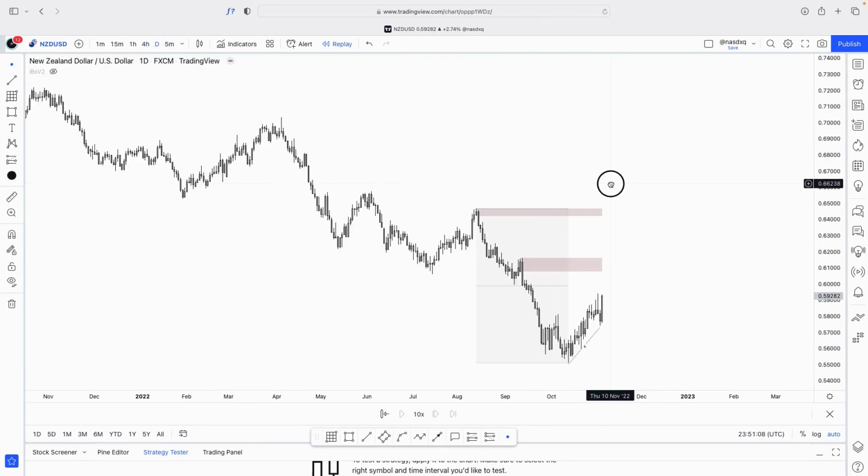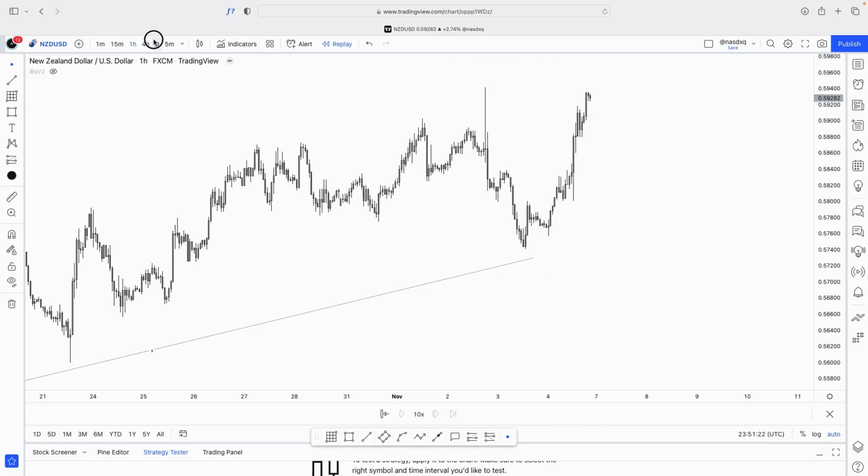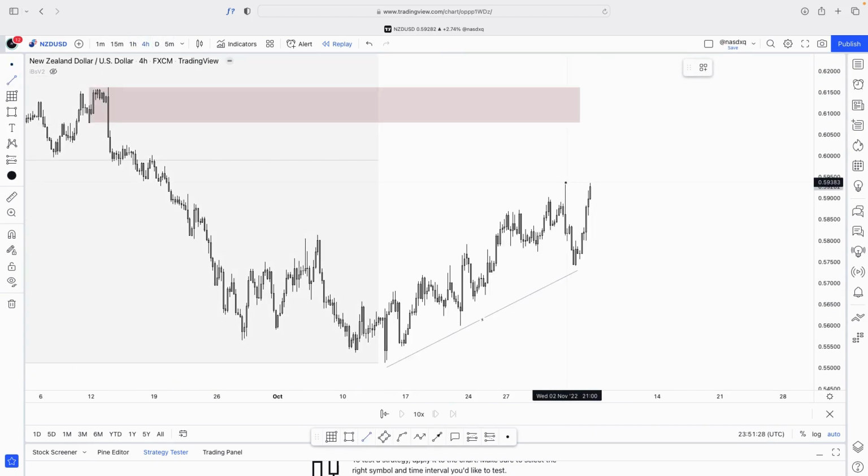But apart from that, until we see some developments early next week, there's not really much to go off at the moment. We could look for some buys into the premium supply, because we have actually broken structure, or we're about to.